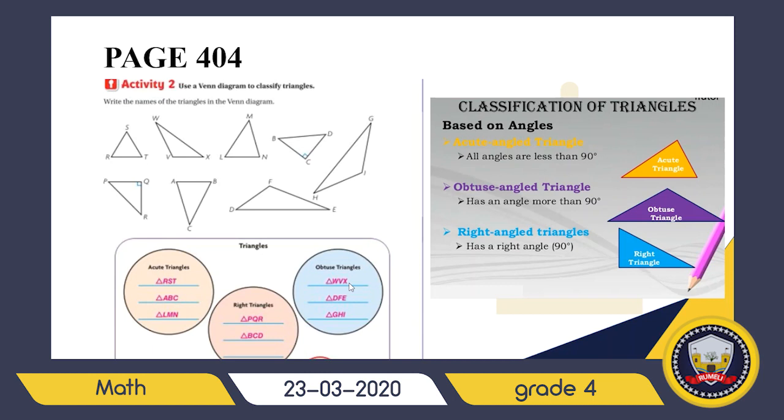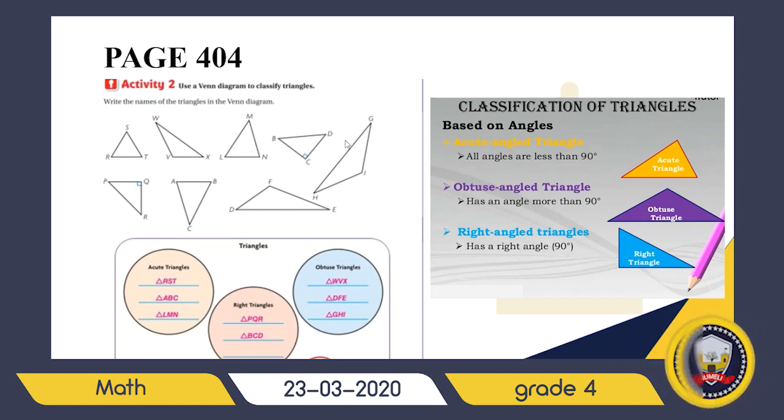Good job. What about this one? Triangle LMN. When I check this shape, I can see three acute angles. If it has three acute angles, it is an example of an acute triangle. Triangle LMN is an acute triangle.